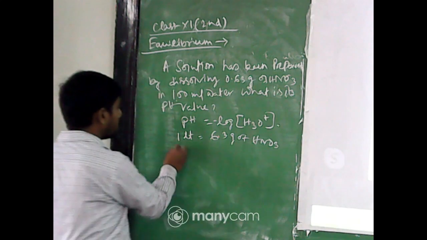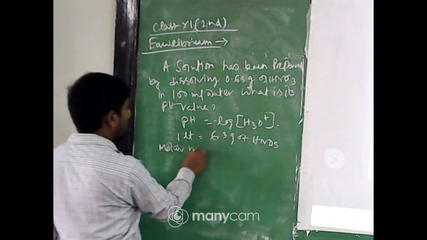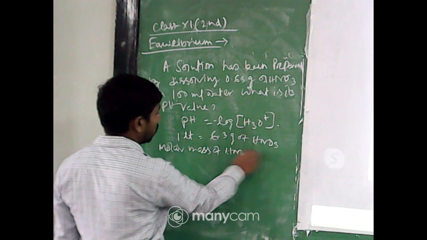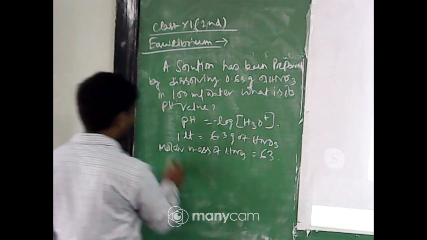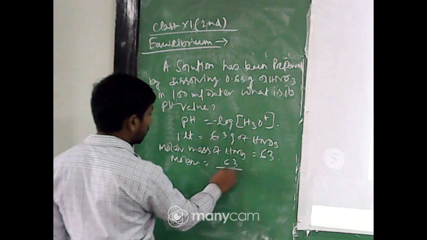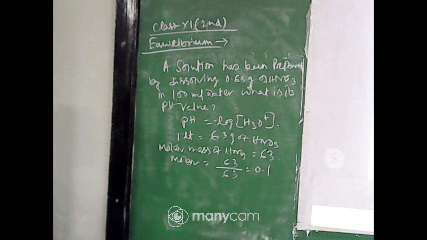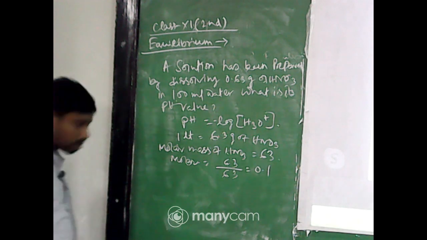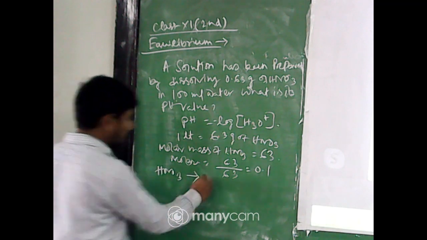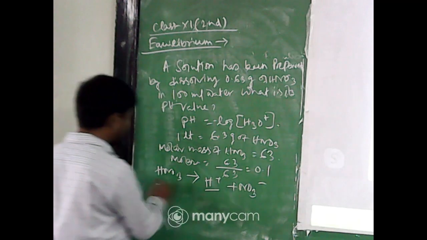What is the molar mass of HNO3? It is 63. So molarity equals 6.3 divided by 63, that is 0.1. As it is a strong electrolyte, HNO3 dissociates to produce H plus and NO3 minus, so the concentration remains the same, 1 mole to 1 mole.